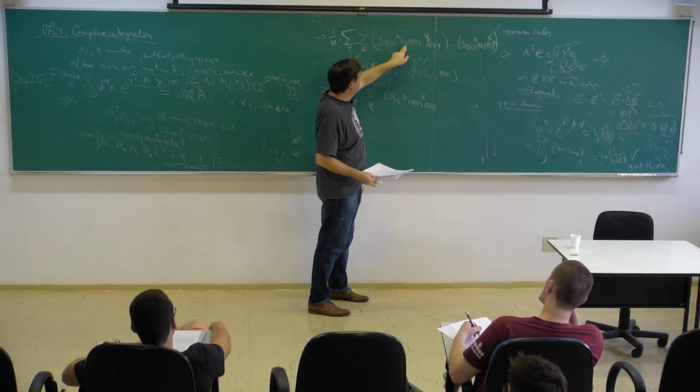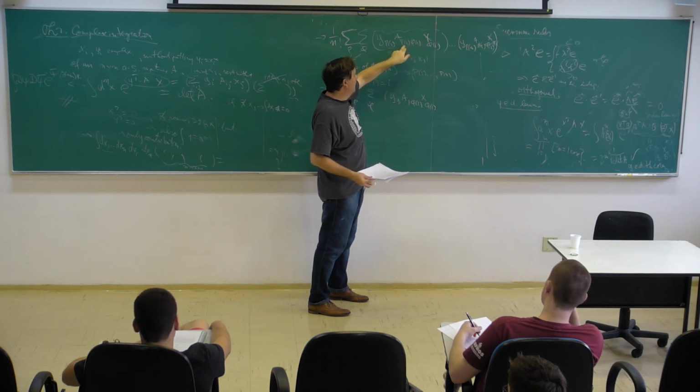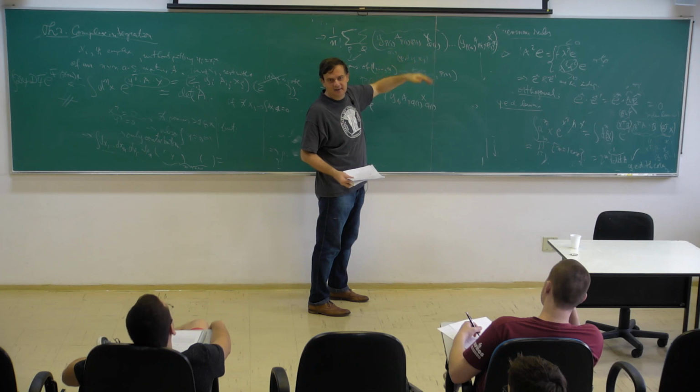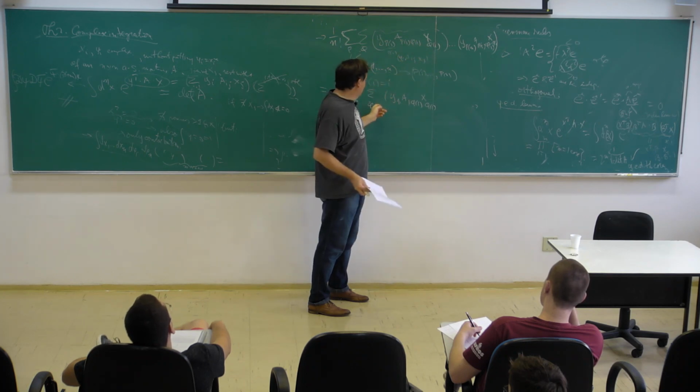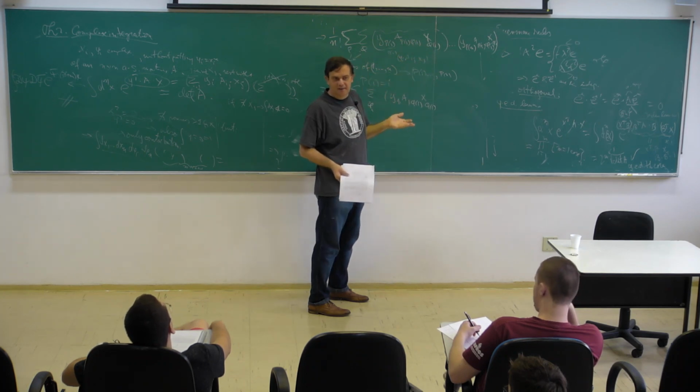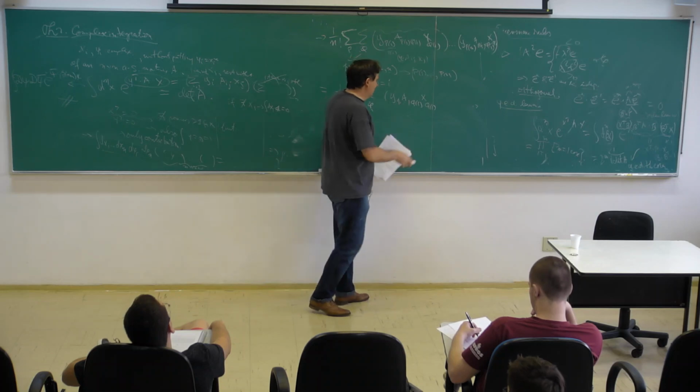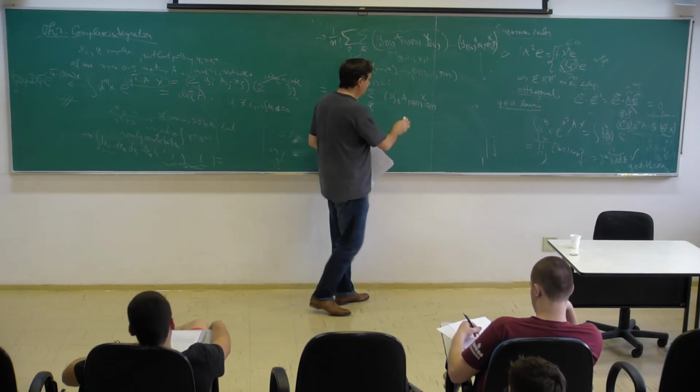Because here I have p of 1 with q of 1, for instance. If I rearrange, I will have 1, but then some q of something else. But then it's just a redefinition of what q means, right? The point is it's some permutation of the indices.